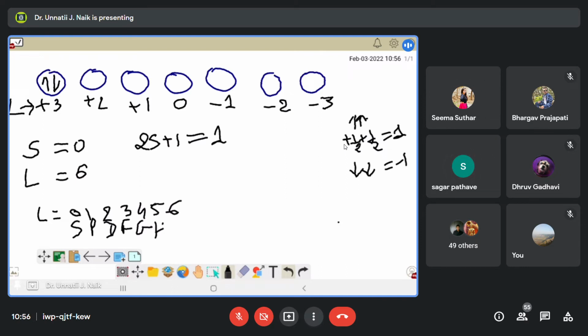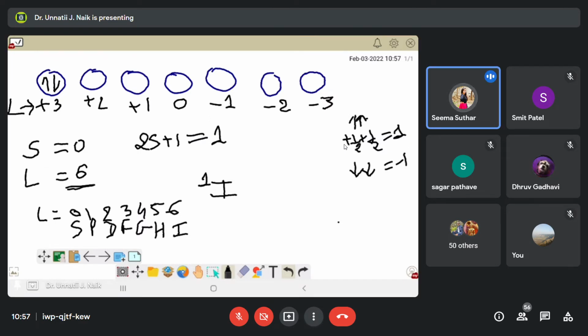Here G, H and I. So we have L equal to 6, so first of all it is I. Now according to 2S plus 1, the value is 1. So it will be 1I. Got the point? Yes, ma'am.